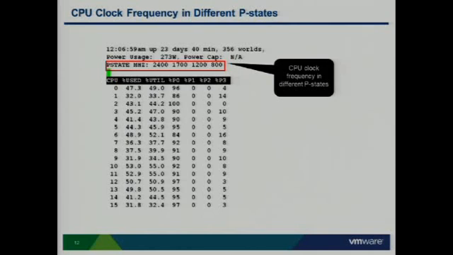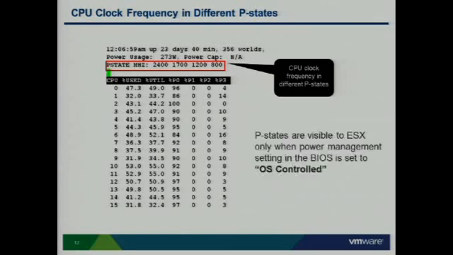P0 is your rated clock frequency. That's your processor's maximum frequency. It's 2.4 gigahertz, and it can step all the way down to 800 megahertz. These P states will vary quite differently depending upon the exact processor model that you have. Some processors are designed to have more P states, some will have fewer.